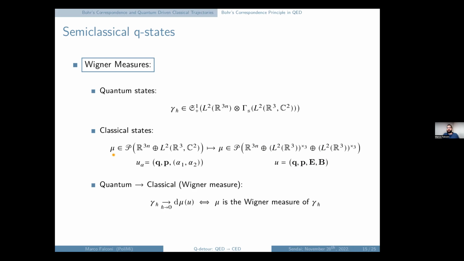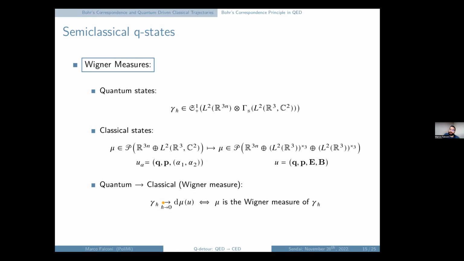So actually, having a measure here, you also have a probability measure on the phase space for Q, P, E, and B as variables. Okay. Then the idea is that if you go from quantum to classical, so if you take the limit h bar to 0, your quantum state gamma h becomes some probability measure on the space of classical configurations.